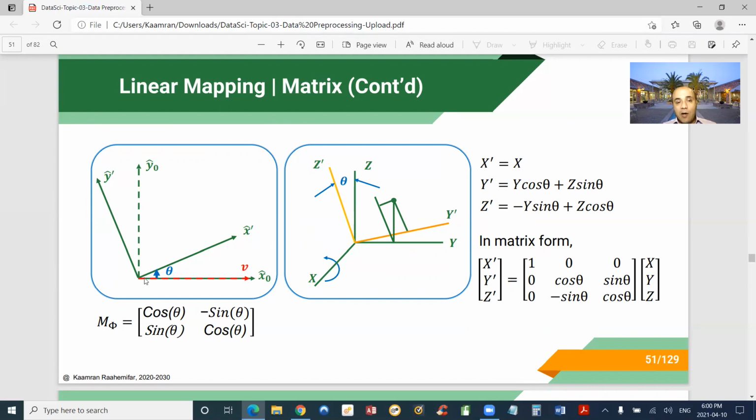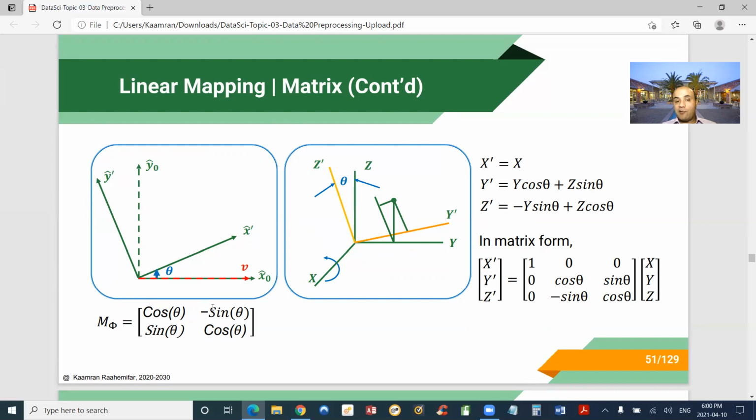So what is it? Originally you have this, and then you have this. Originally you have X and Y. When you multiply it by this matrix, you're actually rotating your entire axes, the two axes, by theta degrees. So you go to X prime and Y prime with a little hat on the top.